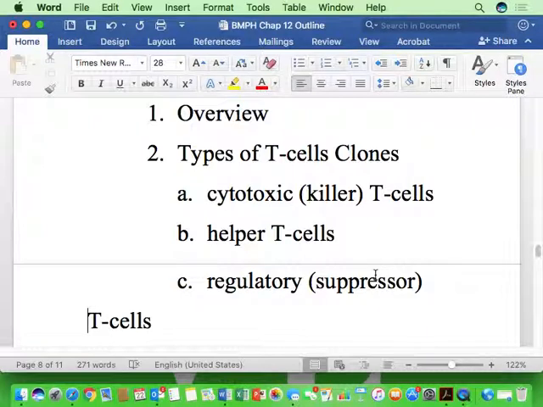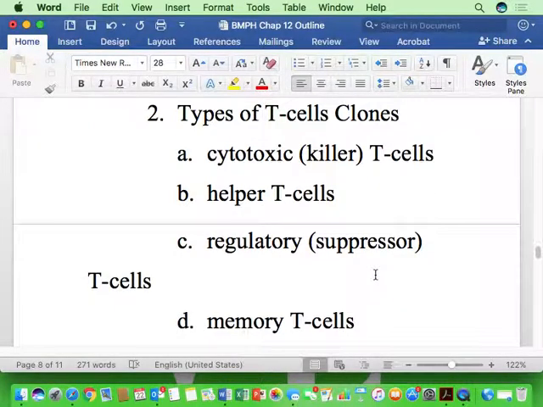And the final type of T cells that we're going to talk about are memory T cells. Okay, so once again, providing memory for future invasions, just like the memory B cells.